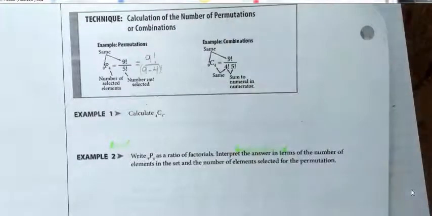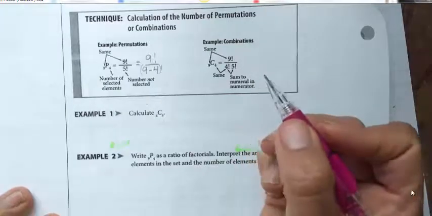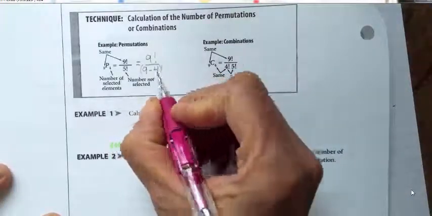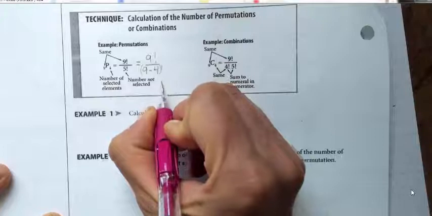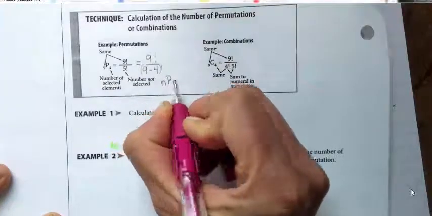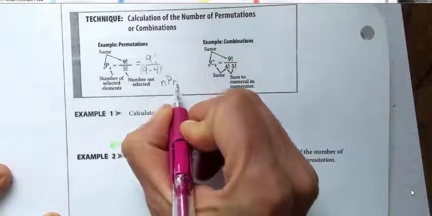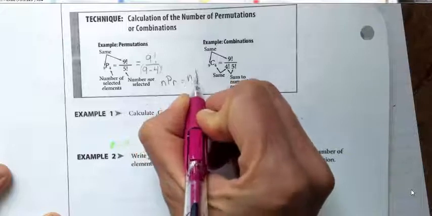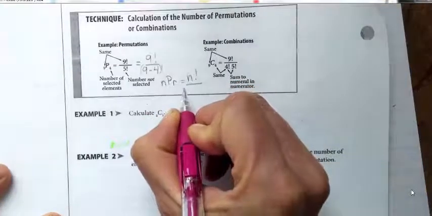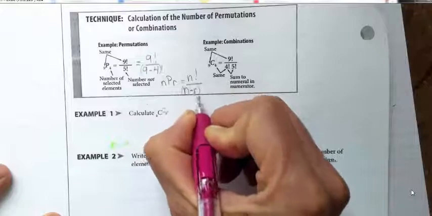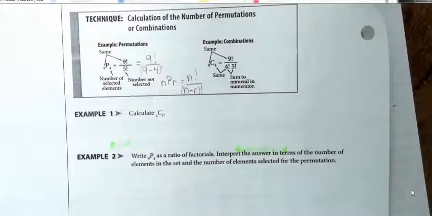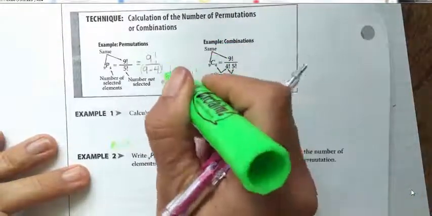That one you should be pretty used to. And the actual definition: nPr is n factorial over n minus r factorial. So that's for permutations.